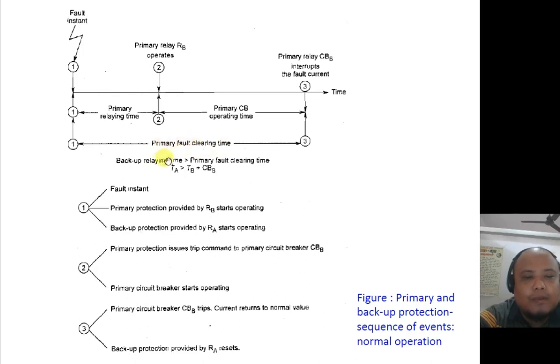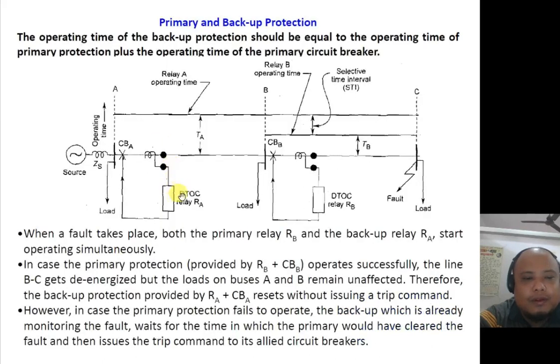So its operating time has to be greater than operating time of this plus this. Okay. So that's why proper STI, selective time interval, must be present in a coordination of primary and backup relay system, primary and backup protection system.